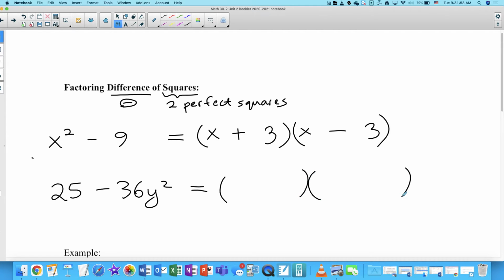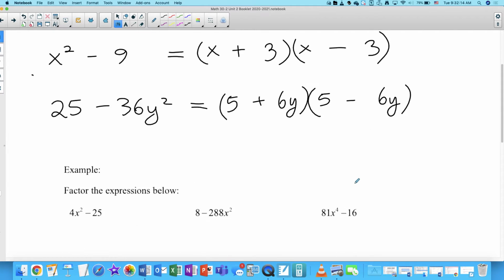Okay? What is the square root of the first term? 5. 5 and 5. What is the square root of the second term? 6y. Okay? One of them's addition, one of them's subtraction. Okay?